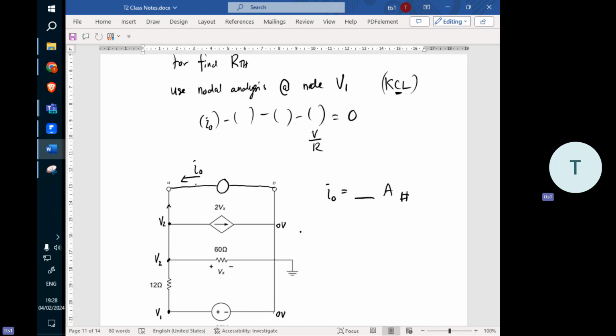And then the last step: RTH is equal to V out over I out. The V out is here, we set it to 1 volt. And then we divide it by the I out, and we get the resistance.